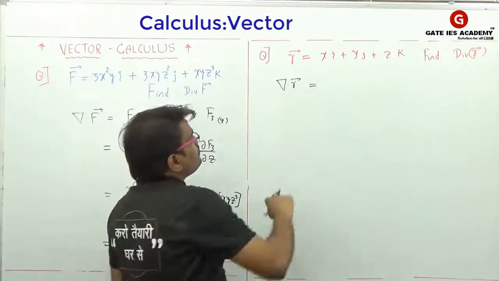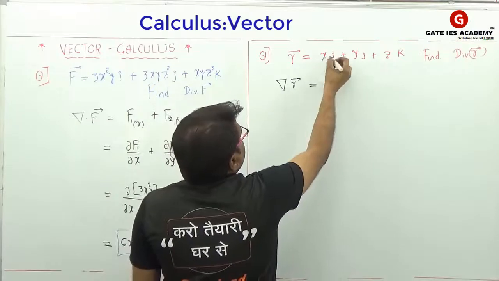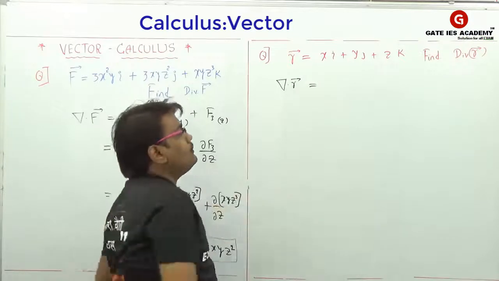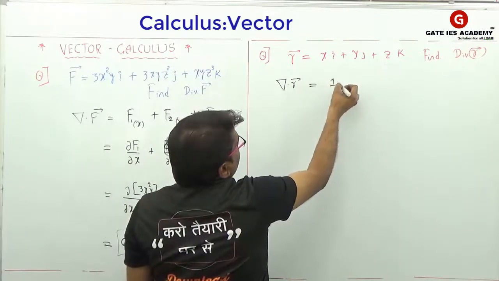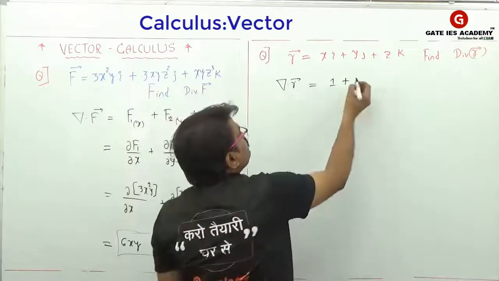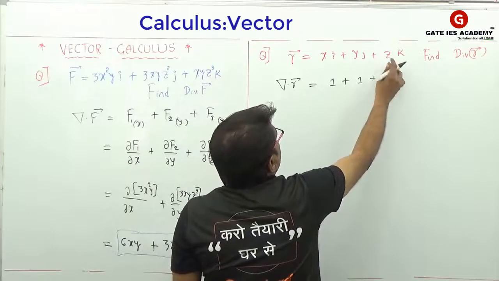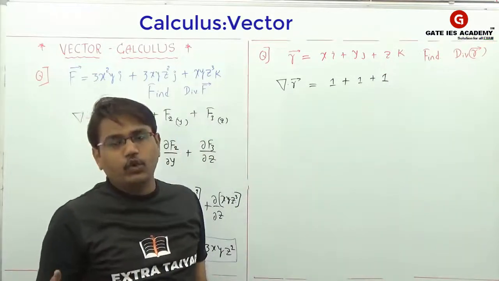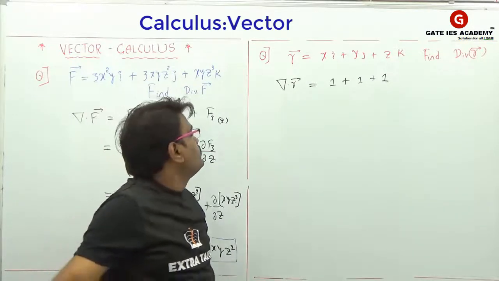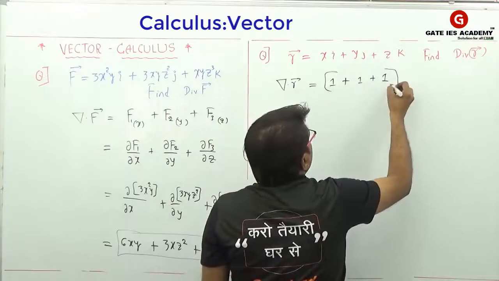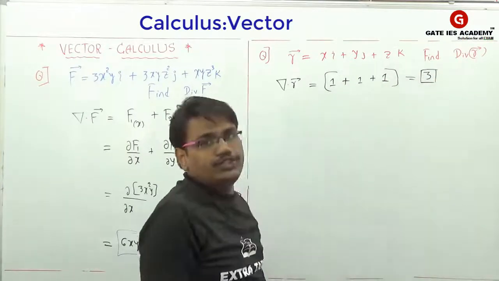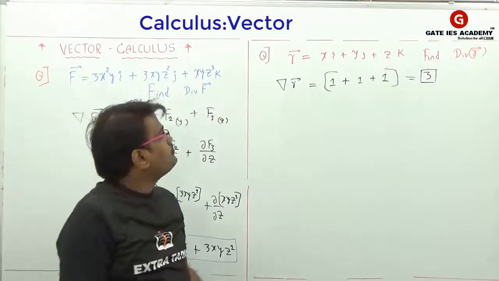See here, this function with respect to x, what will be the differentiation? That is 1. Now f2 with respect to y, that is also 1. Then this is also 1. z with respect to z, differentiate, it will be 1 only, right? So divergence of a position vector is always 3. Take one more example.